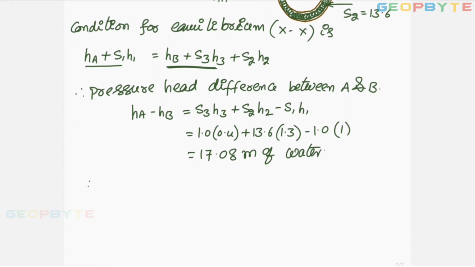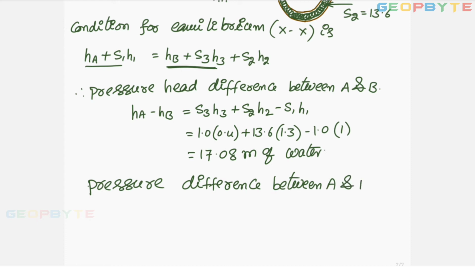Then pressure difference between A and B, PA minus PB is equal to rho g into HA minus HB.